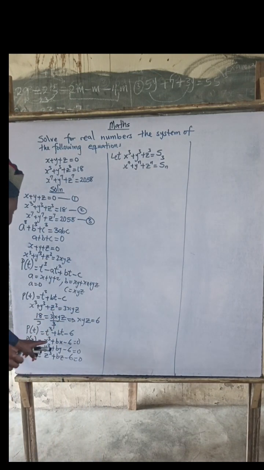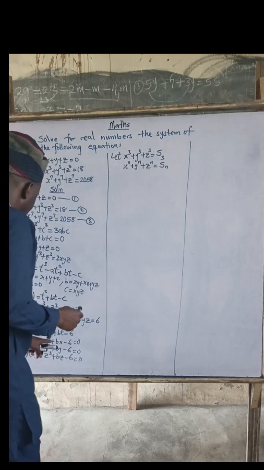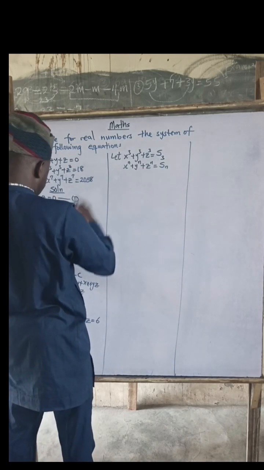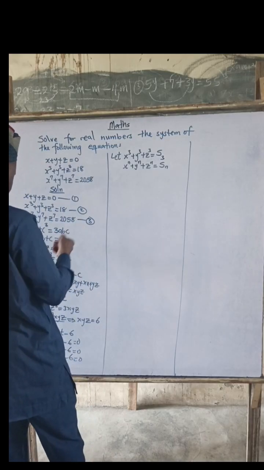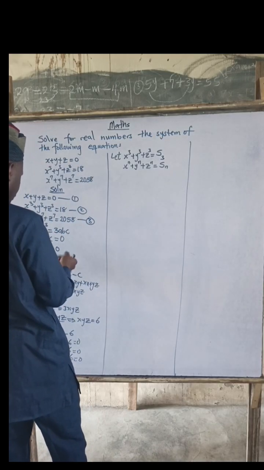Now that implies, take this equation multiplied by x, take this equation multiplied by y, take this equation multiplied by c. By multiplying this equation by x, I want to explain this one so that you can understand what I mean.